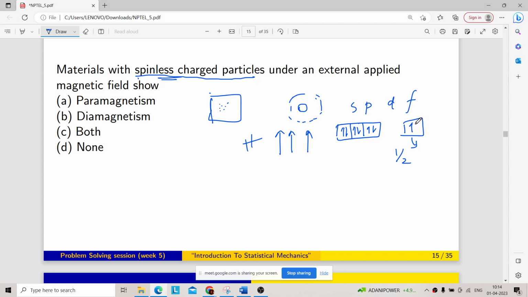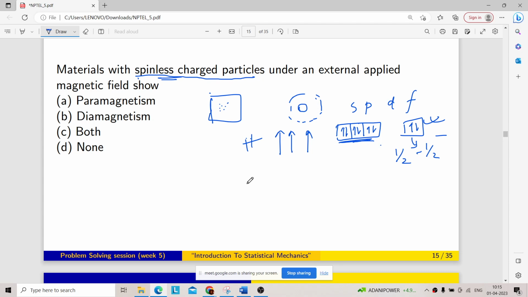If two electrons are there, then their spins cancel each other, then effectively we have a spinless molecule, right? So we have spinless charged particles. Then we are applying this magnetic field. Then what will happen?